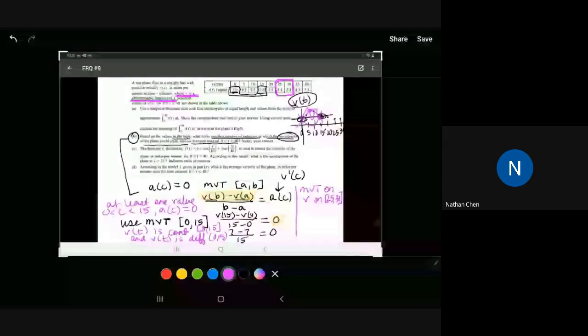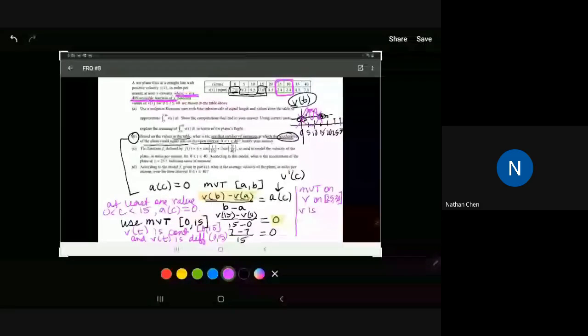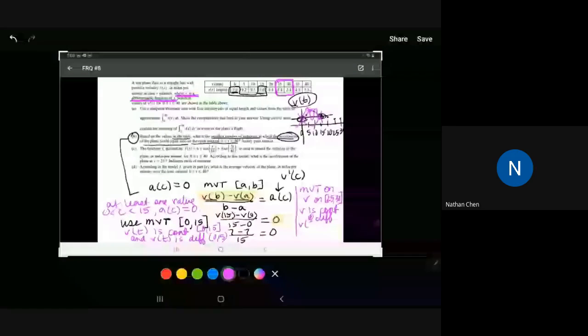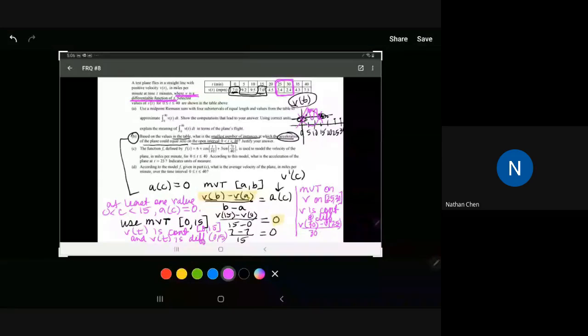V is continuous and differentiable, because that's what it said in the instructions. And then you would say V of 30 minus V of 25 over 30 minus 25. And that's 0. And that has to equal A of C for some value C between 25 and 30.